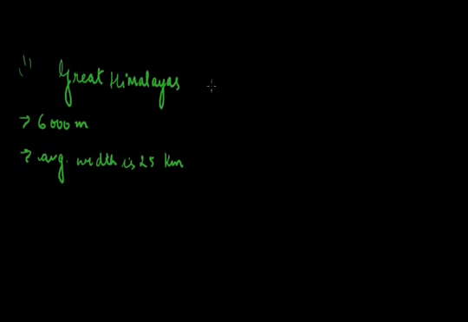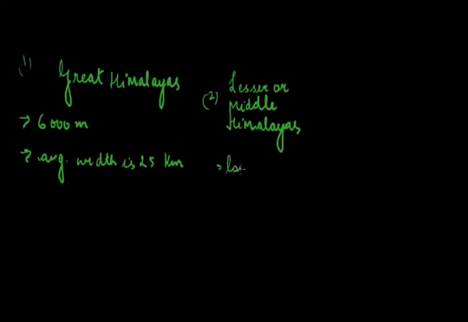Then we have studied the lesser or the middle Himalayas. Its important branches were Pir Panjal and the Dhauladhar. In this we have seen the presence of longitudinal valleys. Third, we had studied the outer Himalayas or the Shivalik range.